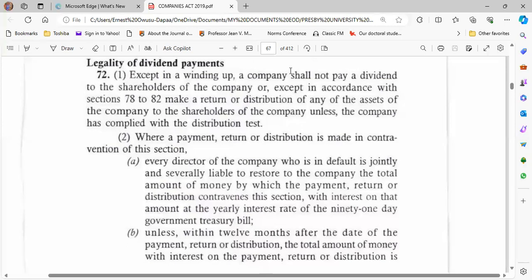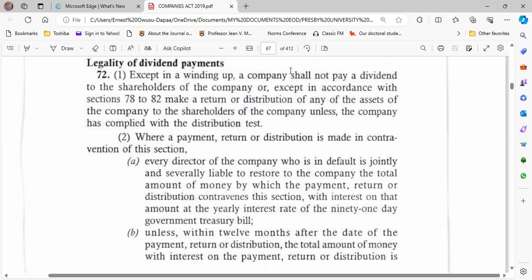Now, if you go to the first schedule, we have the interpretation or definition of words. So you look up distribution test.